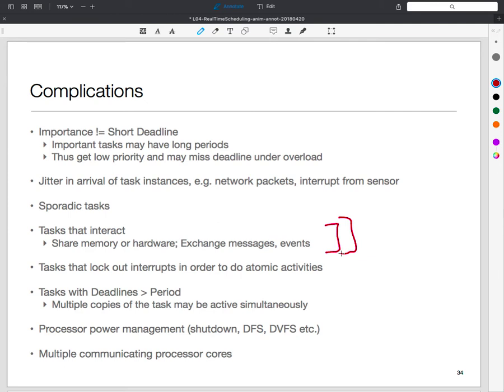I'm not going to go into those because many of them are not relevant to us. But solutions exist for this problem, this problem, this problem, this problem, and this problem. All of these have been addressed in research.